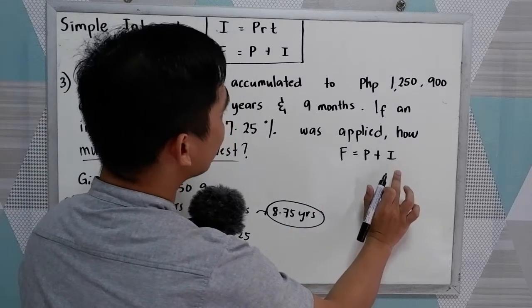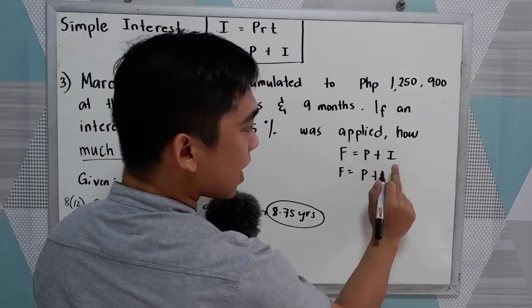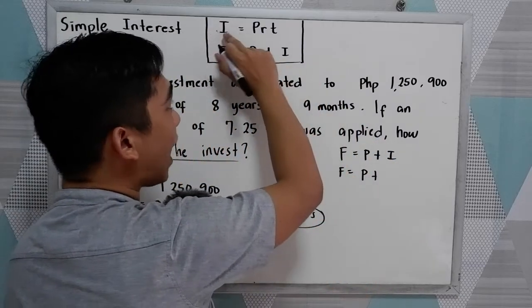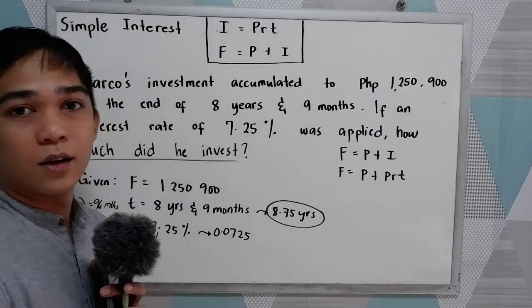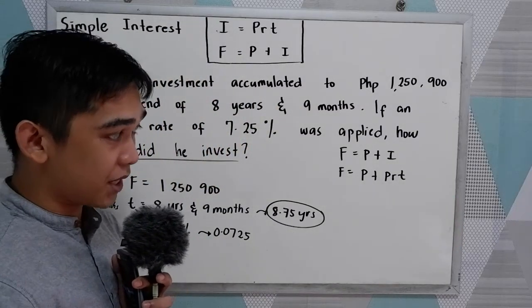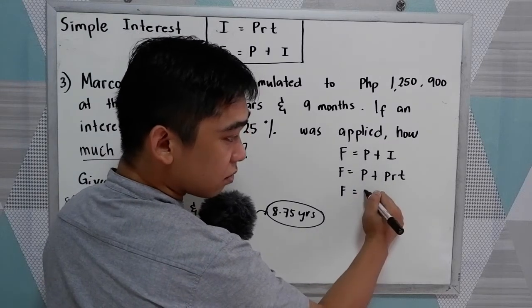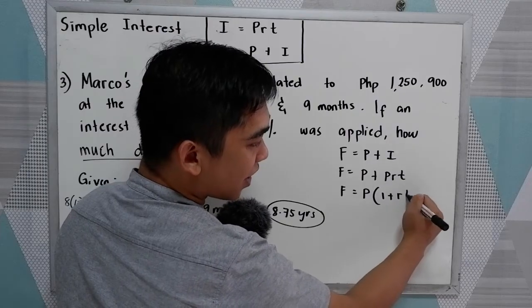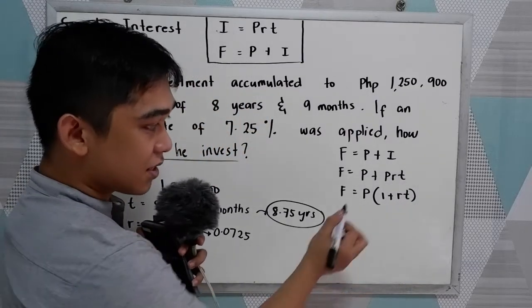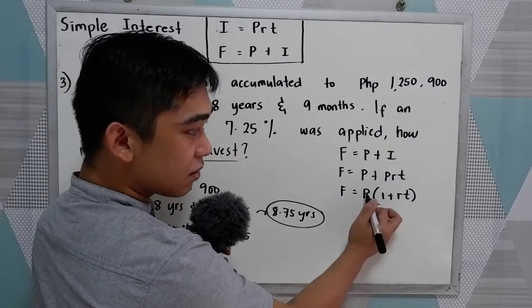So, by substitution, F is equal to P plus, we can substitute I to PRT. Now, we need to find P. So F, factor out, common factor is P, so P times 1 plus RT. Let us check: P times 1, that is P, plus P times RT, that is PRT.